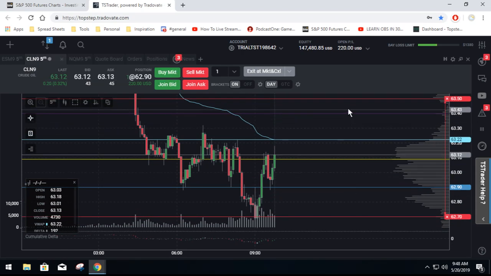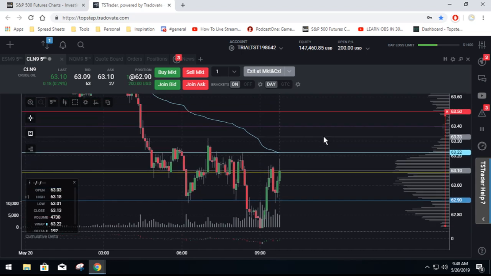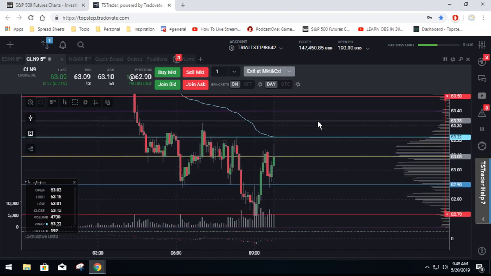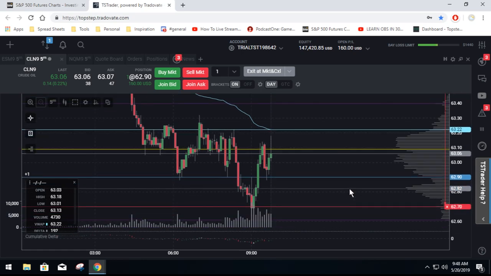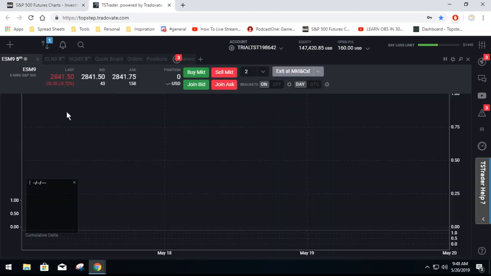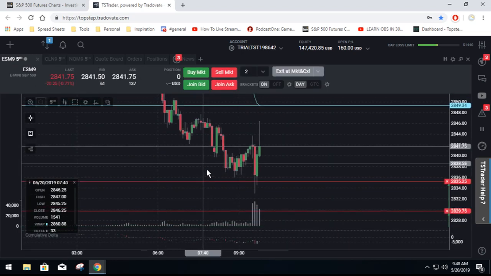Using this as the extension for the upside, targeting minimum value area. So if we do get a reversion back to the downside, we won't be too worried on that particular trade.